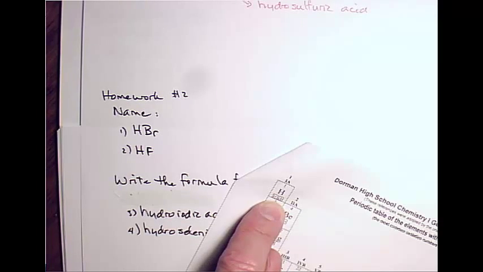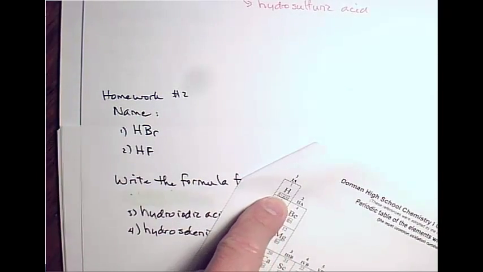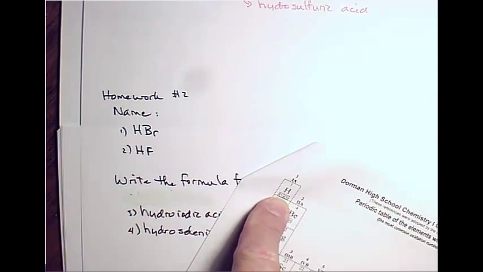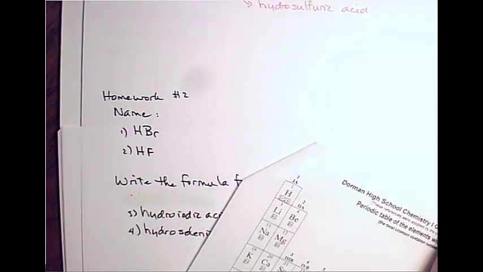If hydrogen is made of a proton and an electron, or most hydrogens have just one proton and one electron, and that hydrogen gives up one electron to make it have a positive charge, what's remaining? Just a proton. So listen carefully. A hydrogen ion is a proton. You got that? That's important conceptually for you to understand.